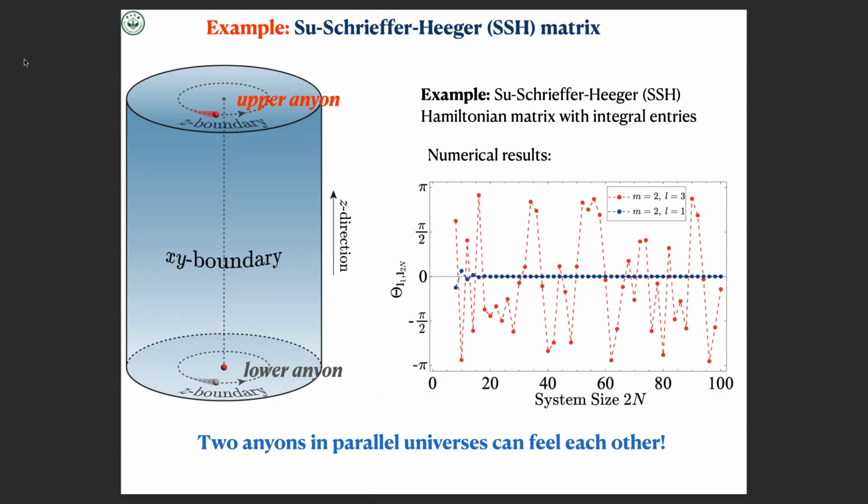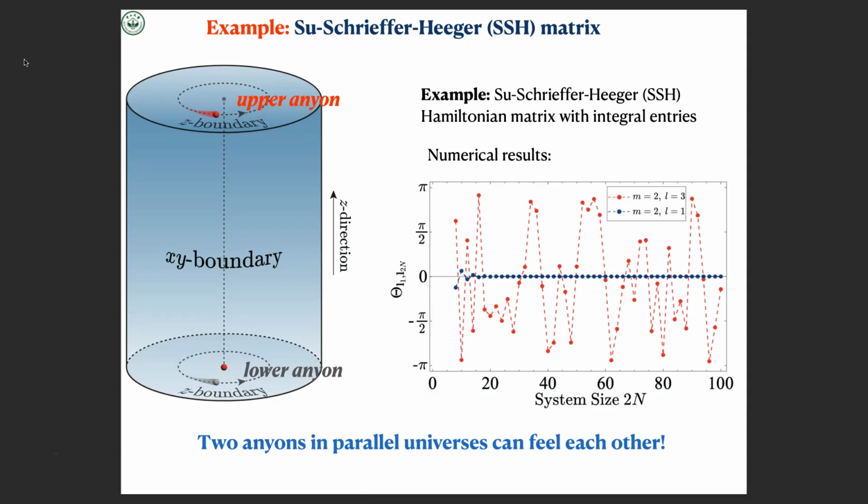So here we plot this numerical result. We find that once we have a trivial topological system, which means that we don't have a boundary zero mode, for example, when M is 2 and L is 1, when we increase the system size, we find that theta rapidly comes to 0, right?